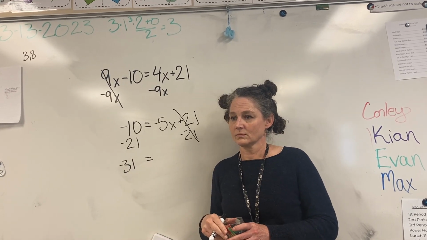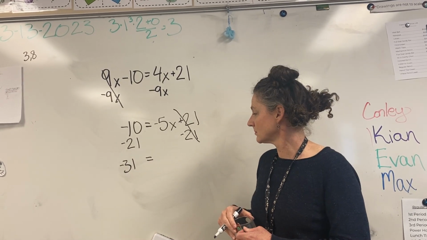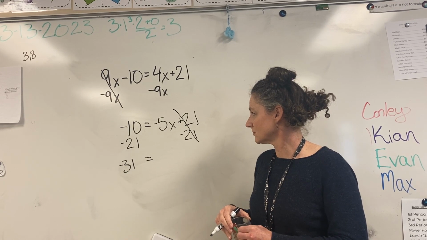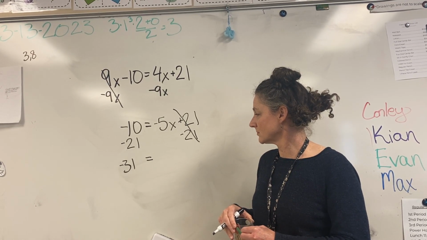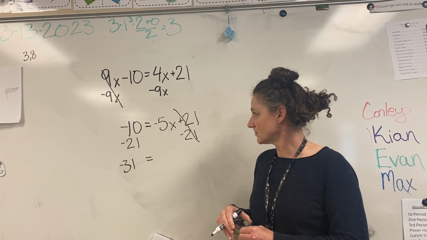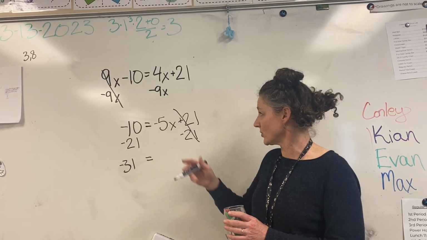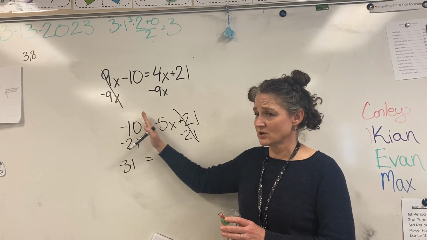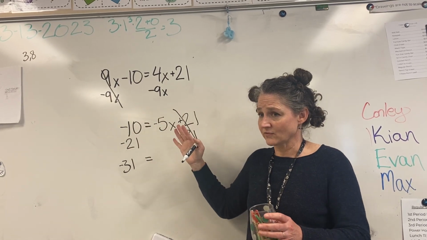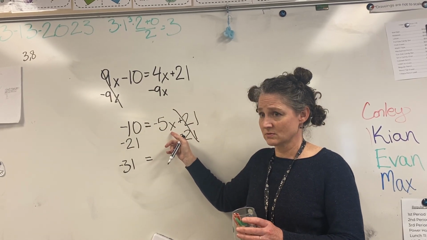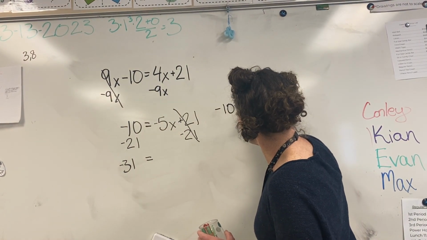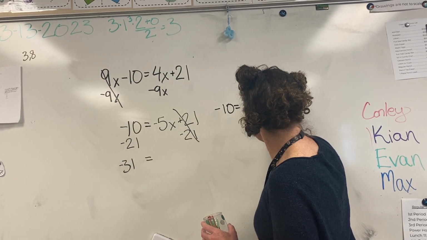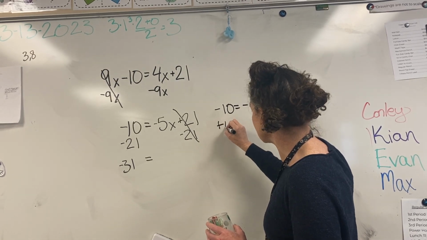Why don't we do plus 10? Why don't you do plus 10 to get the negative 10 out of there, and then add it to the 21? That would be an extra step. We just need to get the numbers away from the variables. Brooklyn, what you're saying is if we have negative 10 equals negative 5x plus 21, I could 100% add 10 to both sides.